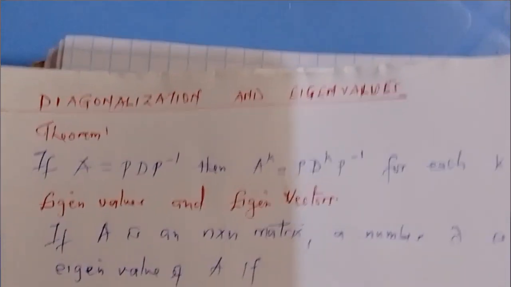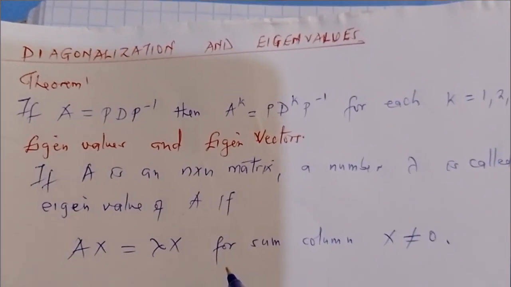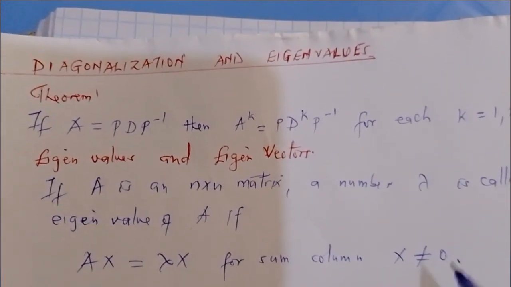In this case, x is called an eigenvector of A corresponding to the eigenvalue lambda.